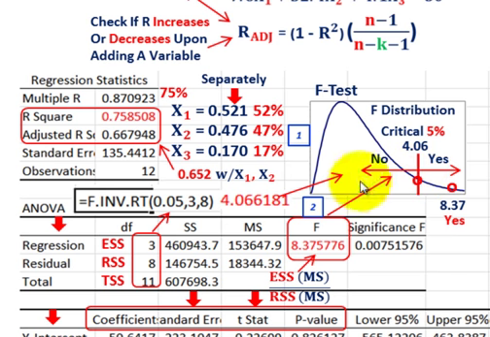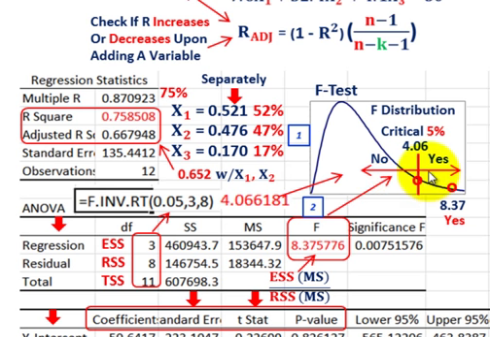Now we've got our f-test, and that's really taking your explained sums of squares mean square and dividing it by the residual sums of squares mean square. In this case, our f-test is 8.37.